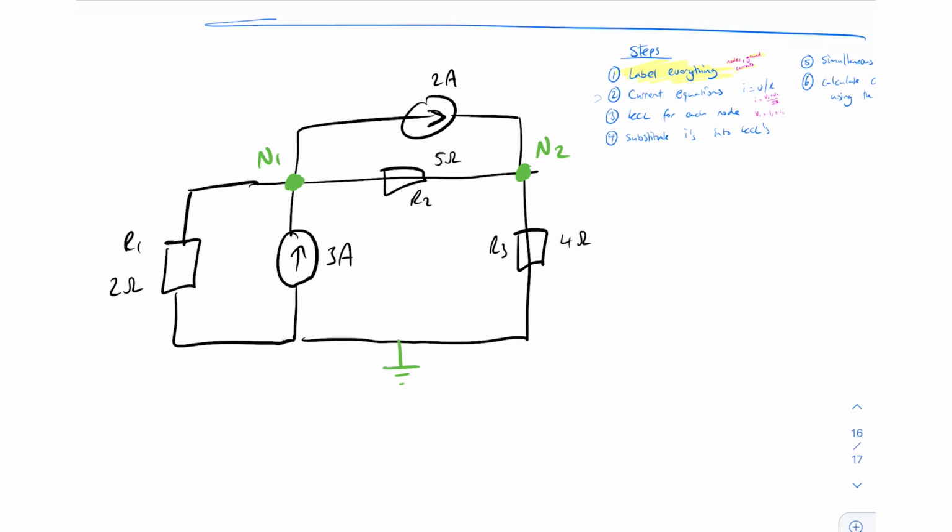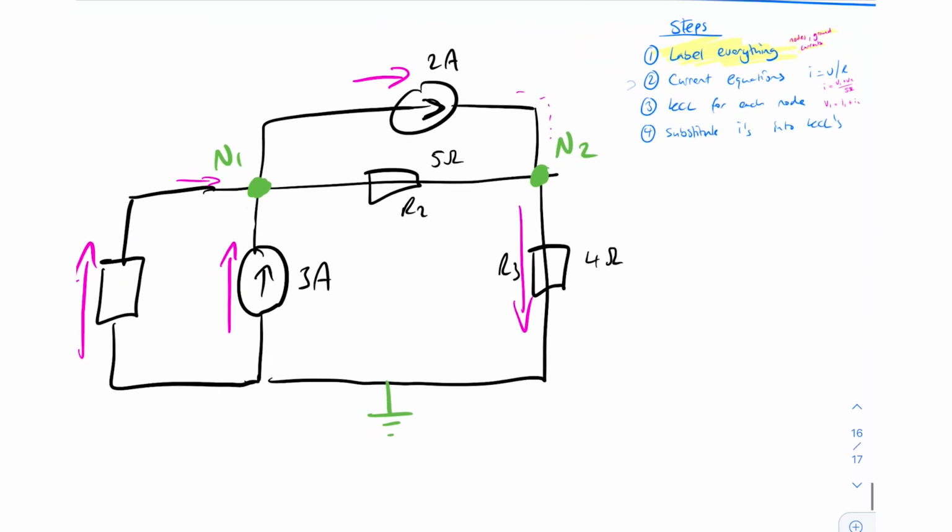For here we've already got two current directions. We know that this current is going this way, and that this current is going that way, so we can label those two. Then we'll say the current goes down this way, and then we'll say the current goes that way. And the final one that we've got to do is this one here.